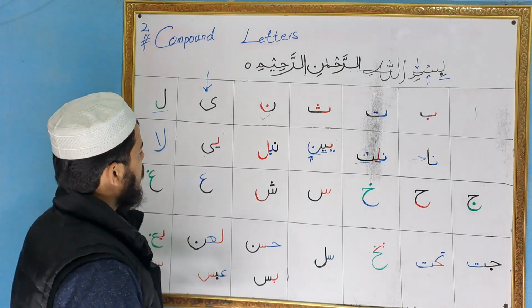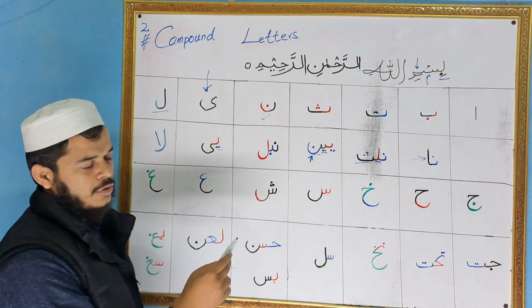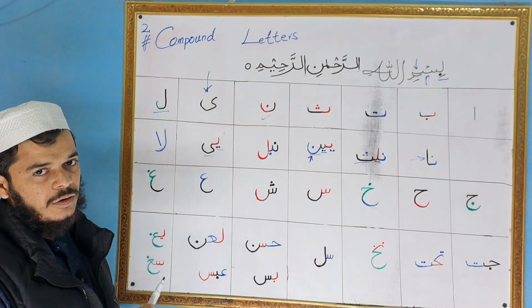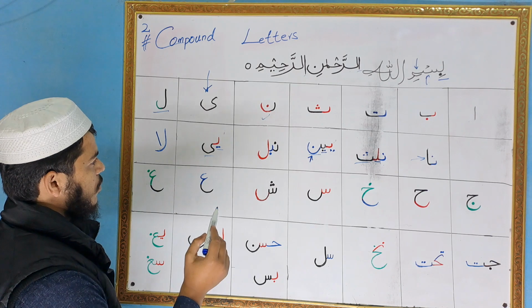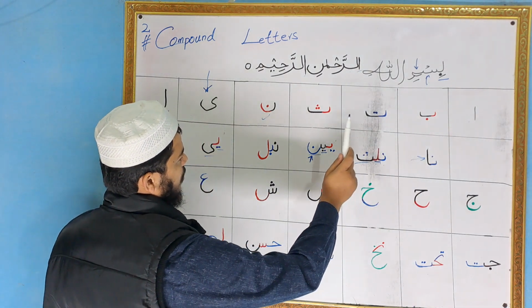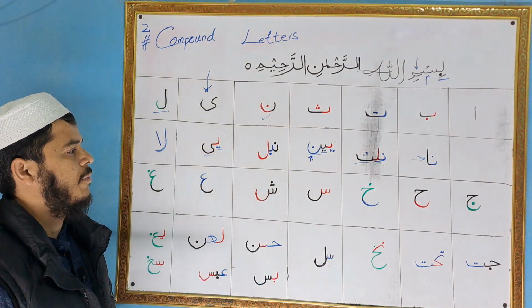Okay. Because this is a first letter, it will come with two dots in the bottom, and as a last letter, it will come without any dots. So we have learned all the possible shapes of alif, ba, ta, sa, noon, ya, and lam.